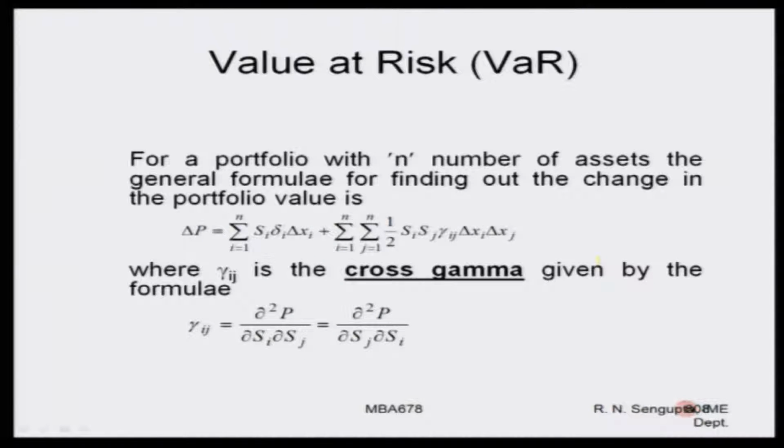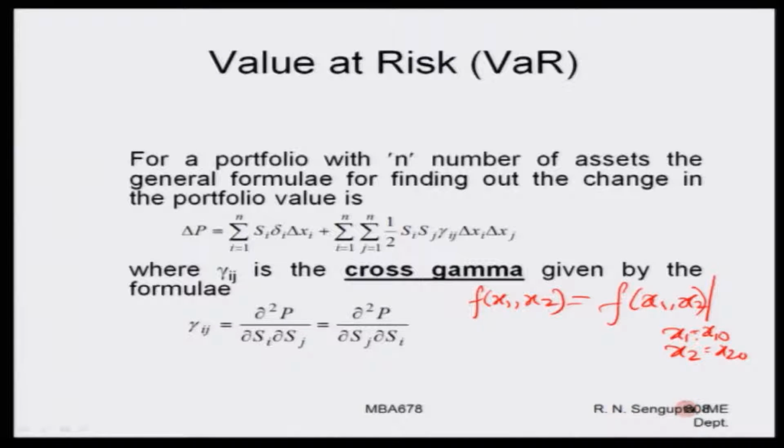Now, for an asset, if you want to go into the next stage of sophistication, you will have to consider the cross gamma. Let me write the Taylor series expansion for two variables. What you have is f of x1, x2, evaluated at x1 equal to x1 0, x2 equal to x2 0.